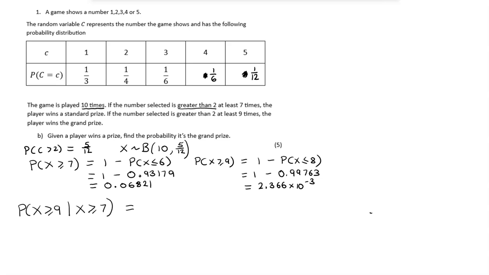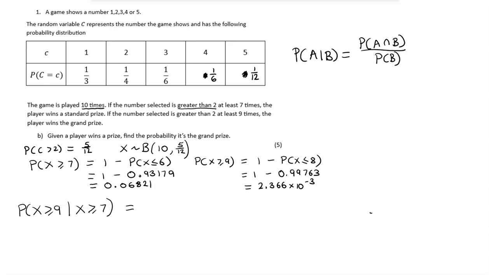So we can use our conditional probability formula, which I'll write above here. You can get this in a rearranged form in your formula book: the probability of A given B is the probability of A and B over the probability of B. So that's what we're going to do here.